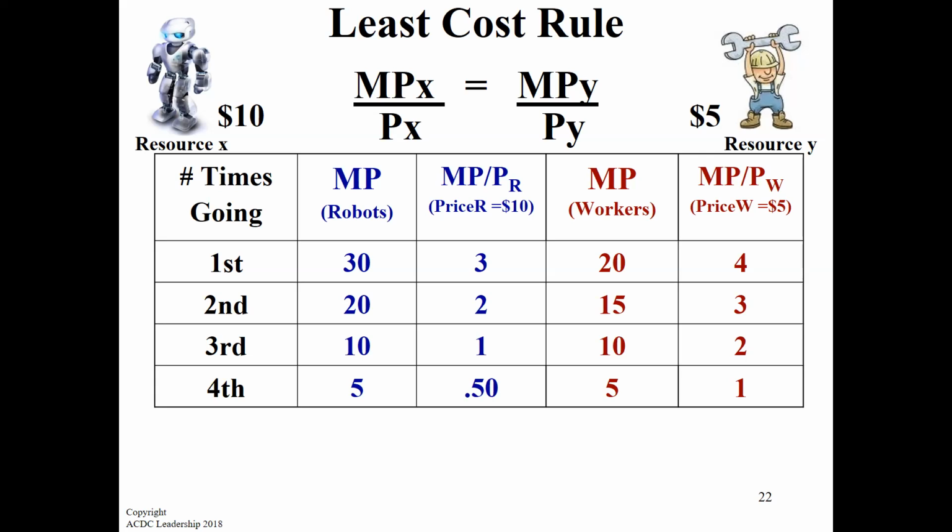And here, 2 robots is 20, and then 3 workers is 15, so it would be 45. Okay? Which is what Oliver said. Questions? Evan, you good? All right, so when you're looking at these and you see the least cost, just think of that formula and that they have to match up.